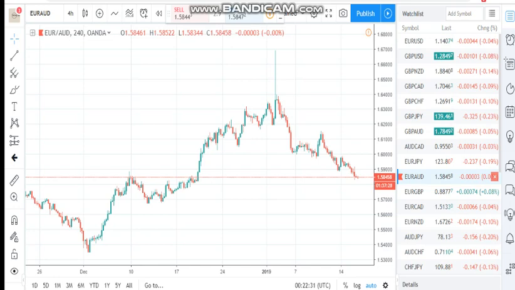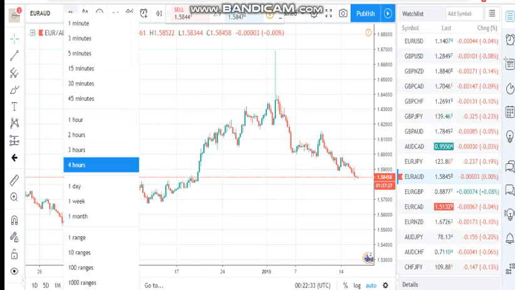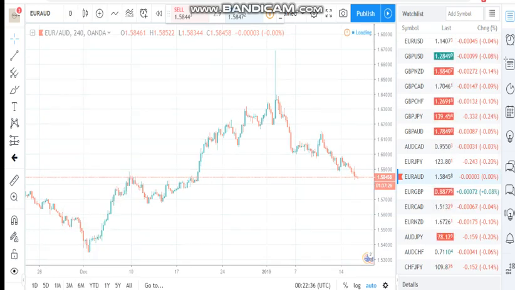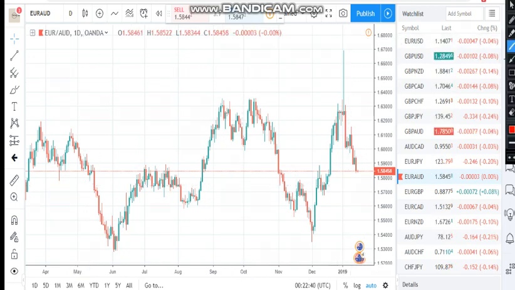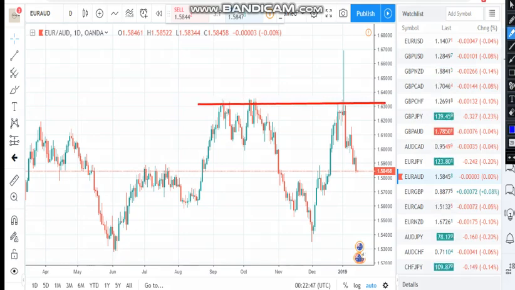This EURAUD trade is currently deep in the money. The first thing we spotted was that resistance level. We are seeing the price has been trading on that resistance level, and then here it got rejected, forming that pin bar, which is a supporting factor for us to take a sell signal.